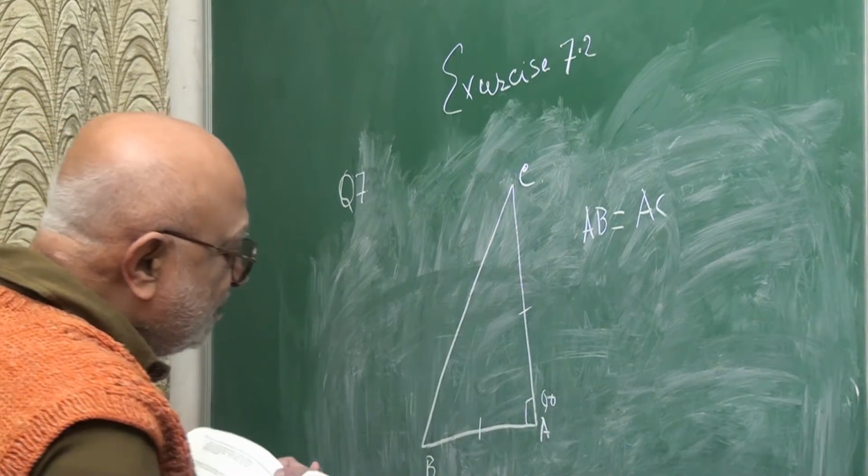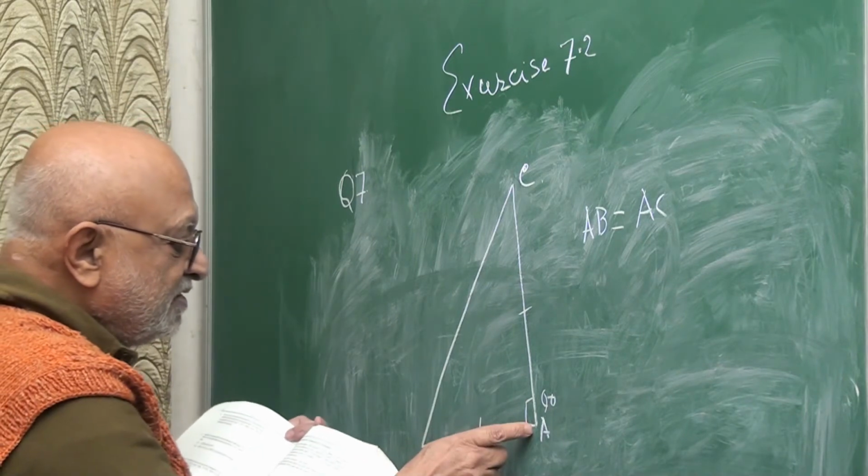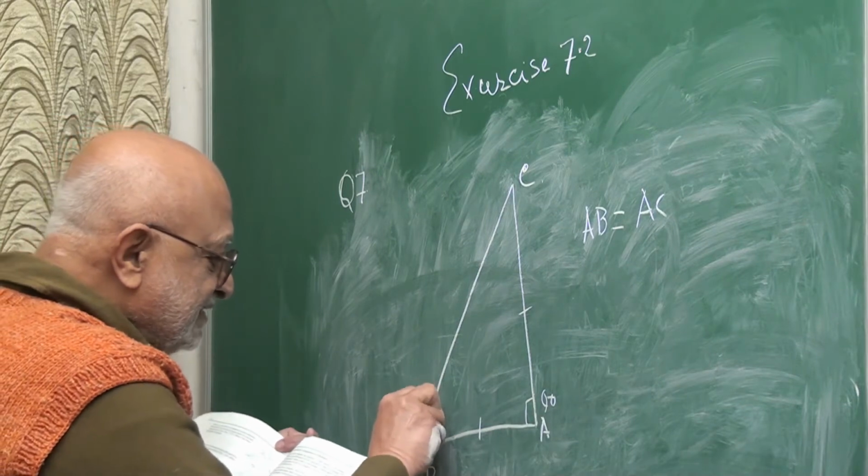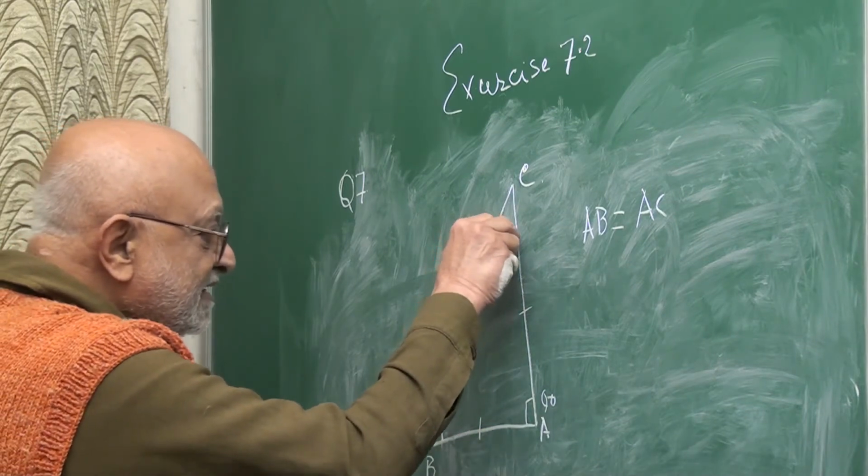If these two sides are equal, it makes no difference whether this is 90 degrees. So this and this would be equal.